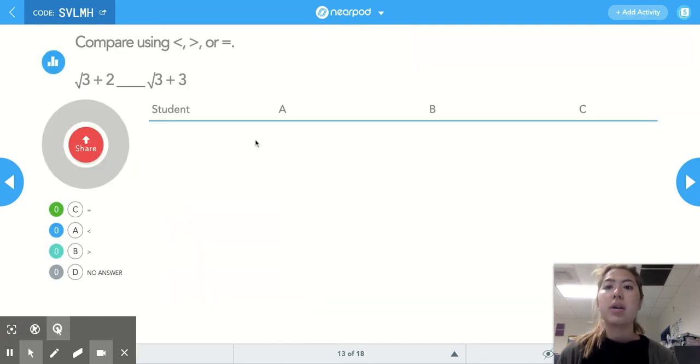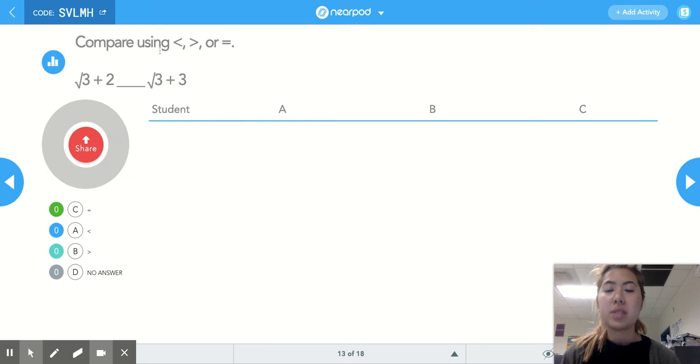So in this Nearpod, you have some activities to do. You have to compare using less than, greater than, or equal to, and it was a poll. So we have the square root of 3 plus 2, and then the square root of 3 plus 3. Then we also have the equation square root of 11 plus 15 compared to the square root of 8 plus 15, and it was also another poll.